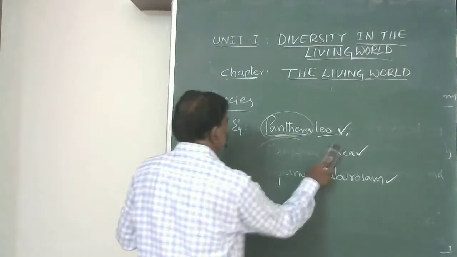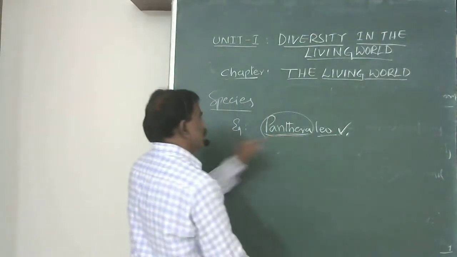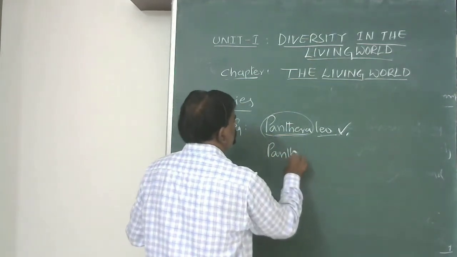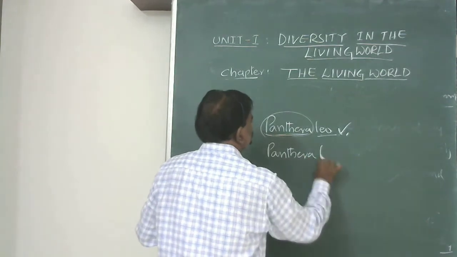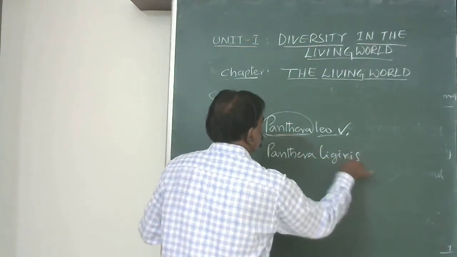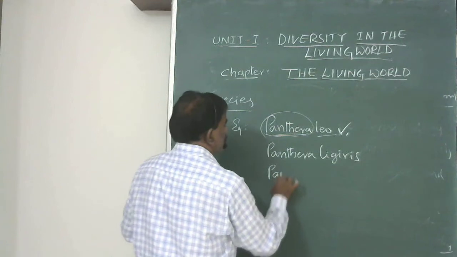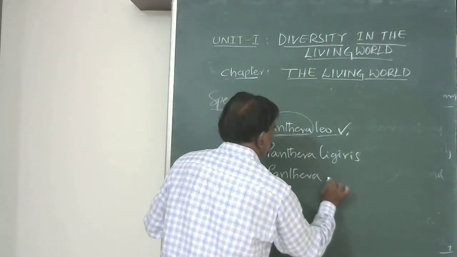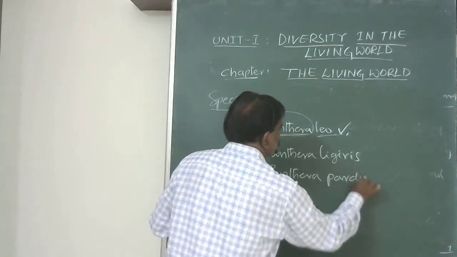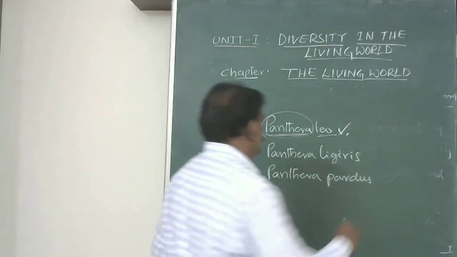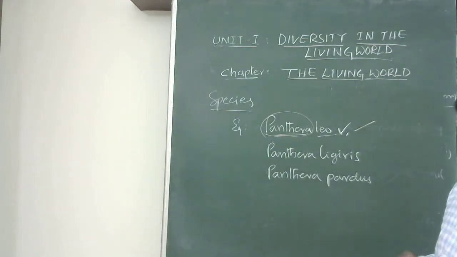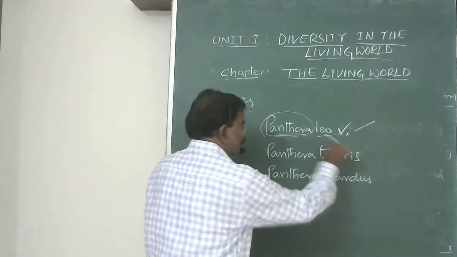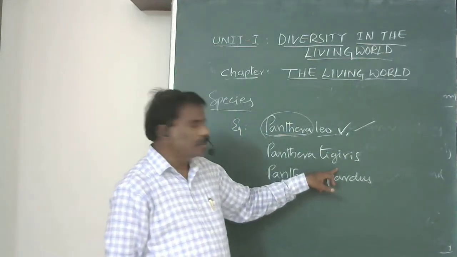For example, see Panthera leo, Panthera tigris, and Panthera pardus. Panthera leo is the lion. Panthera tigris is the tiger.